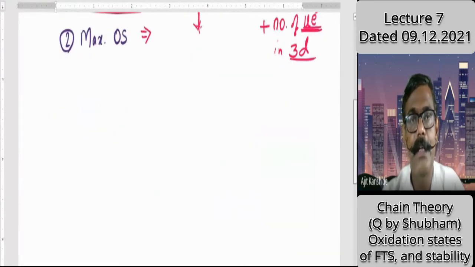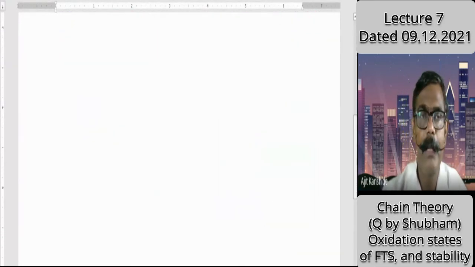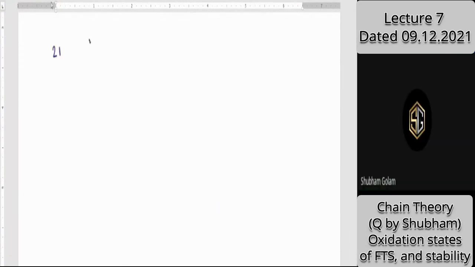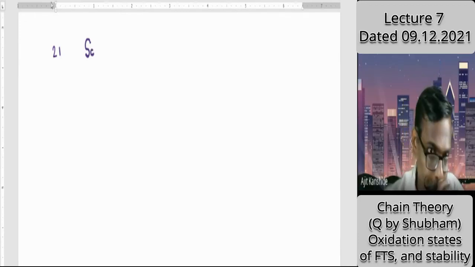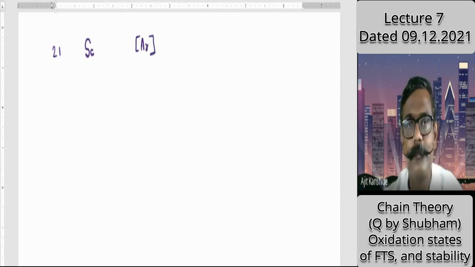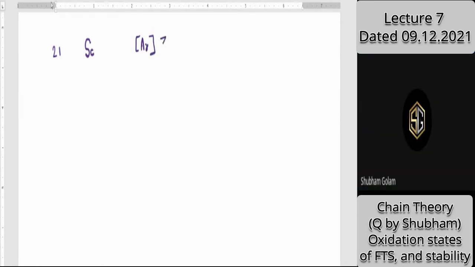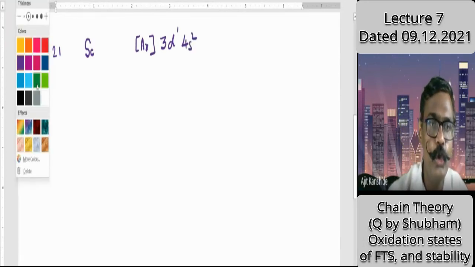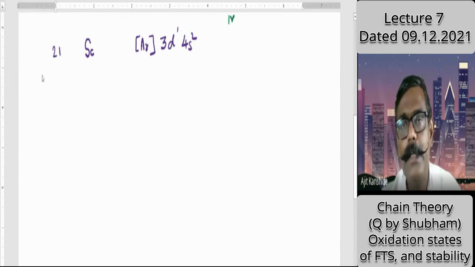Now let us understand our elements. The element with atomic number 21 is scandium. Its electronic configuration is argon followed by 3d1 4s2. Let us apply the concept to calculate its minimum and maximum oxidation states.